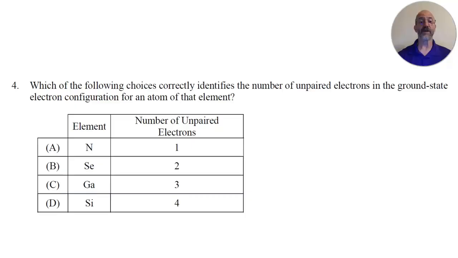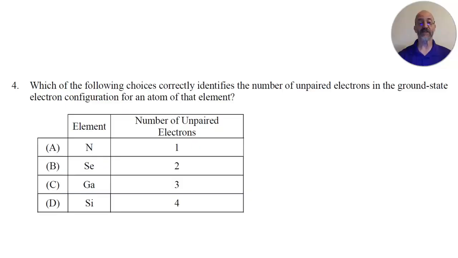And the number of unpaired electrons is 1, 2, 3, or 4. So what we need to do is not only identify the correct electron configuration, we also have to know how to follow the rules for placing the electrons in those electron energy level diagrams that you may have seen before.